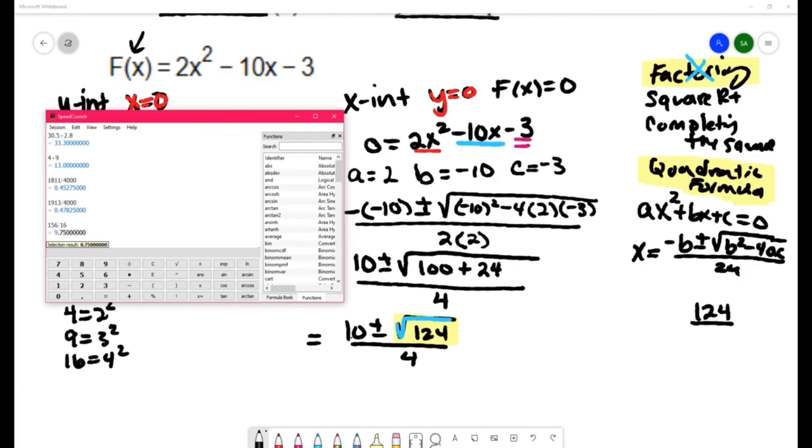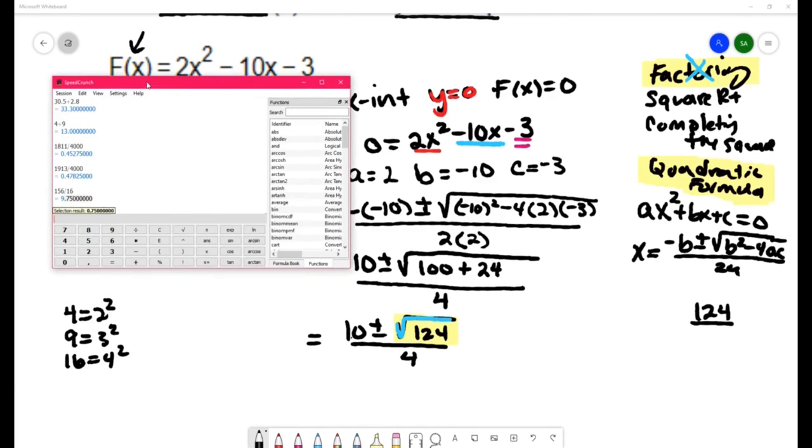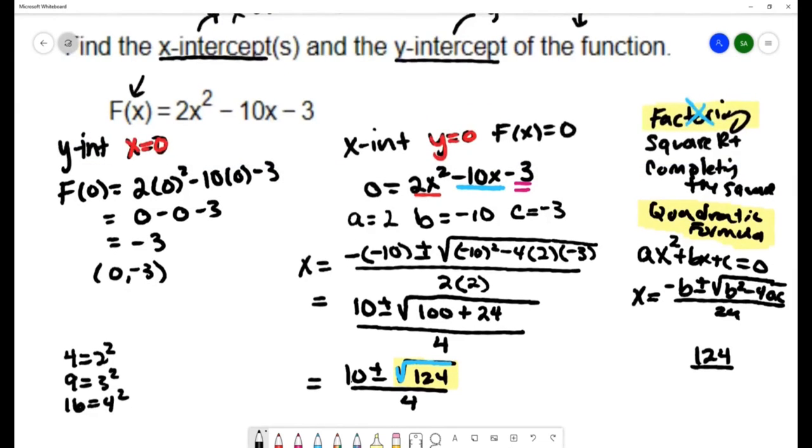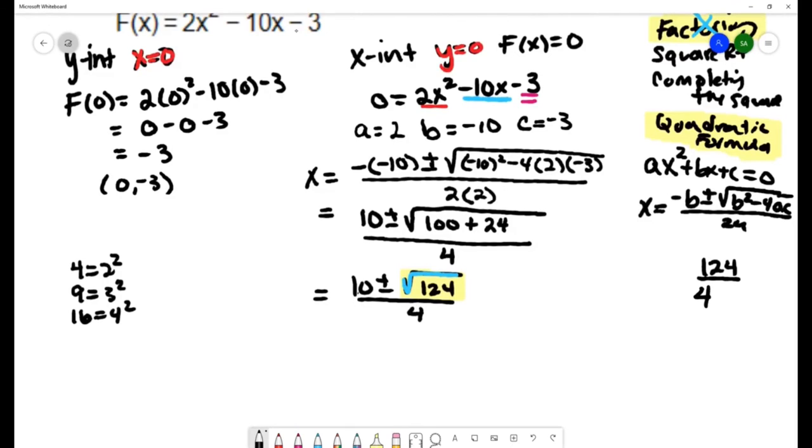So I've got my calculator here, and let me divide 124 by 4, and that does work. It's 31. And 31 is prime, so it can't be factored anymore. So I'm going to use 4 times 31 as a factor of 124. So let's rewrite that 124 as 4 times 31.